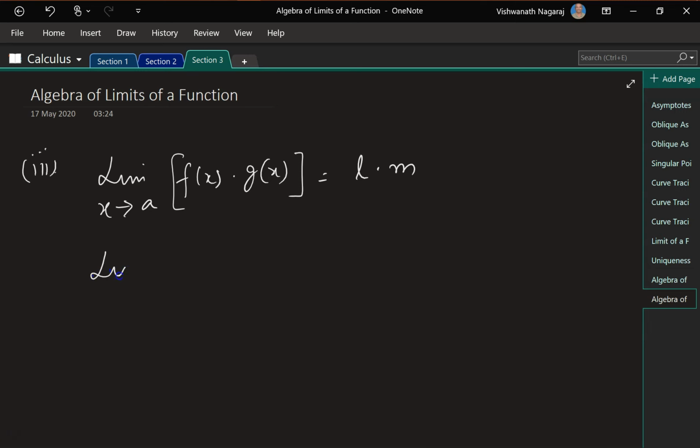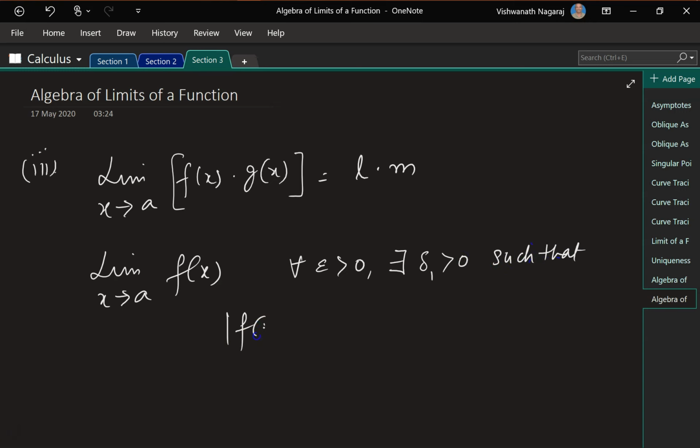look at this. The limit as x approaches a of f of x means for all epsilon greater than 0 there exists a delta 1 greater than 0 such that the absolute value of f of x minus L is less than epsilon 1.